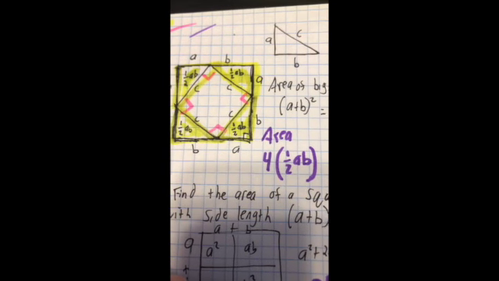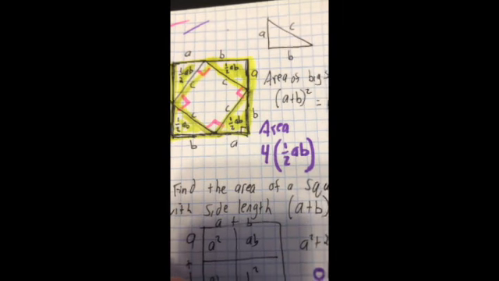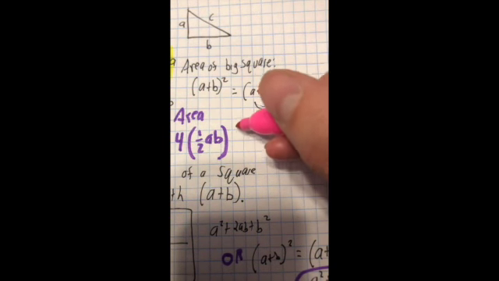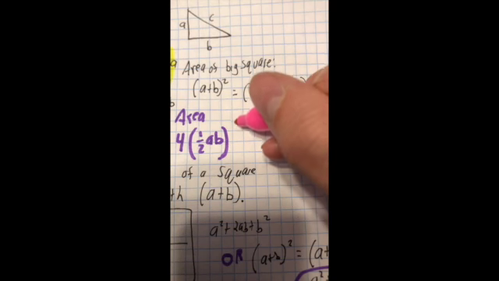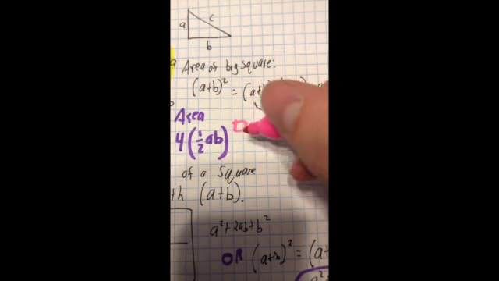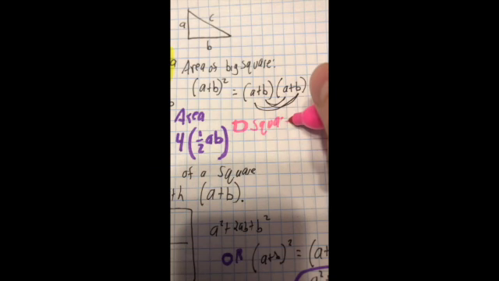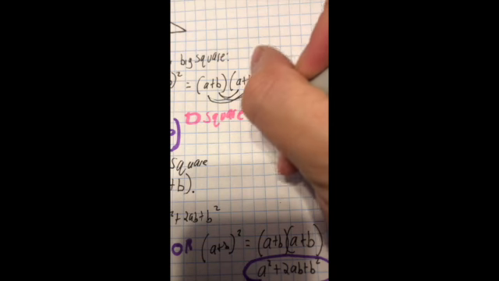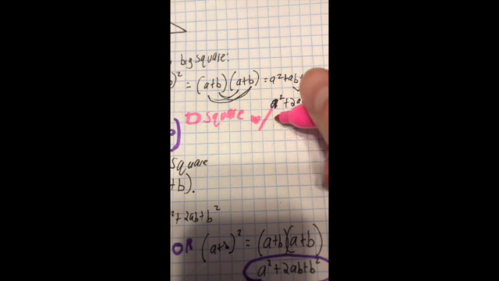And that is a square with side length of C. So it's plus a square. That's a square with side length C. And again, marker, terrible idea.